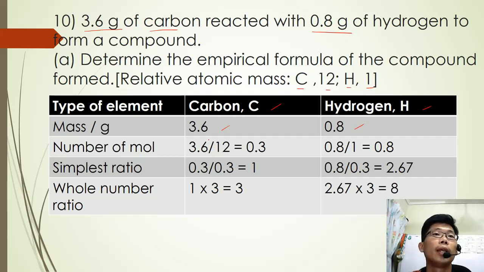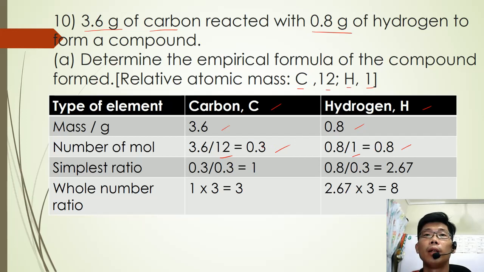As we have the mass, we can find the number of moles by dividing with the molar mass: carbon is 12, hydrogen is 1. So we get moles of 0.3 for carbon and 0.8 for hydrogen. To find the simplest ratio, we look at both the carbon and hydrogen moles and see which one is smaller.